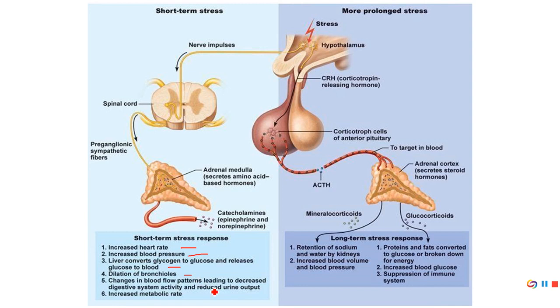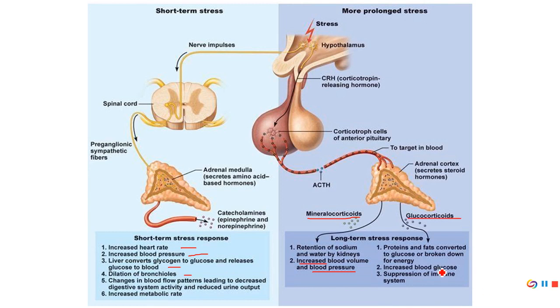Whereas long-term stress, so this is something that's been around for a while. Now what we're doing is we're kind of redirecting how we're handling this. What's interesting is that in both cases we have increased blood pressure, but we're having that occur in different ways. And so we've got these hormones called mineralocorticoids, so that's like aldosterone, which is one that you'll talk about in lab and we'll talk about later on in the semester. And then we've got these glucocorticoids, okay?